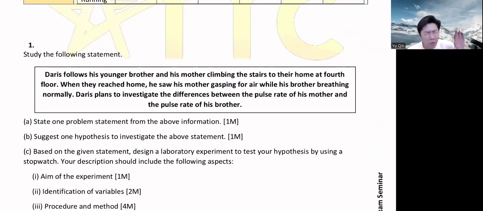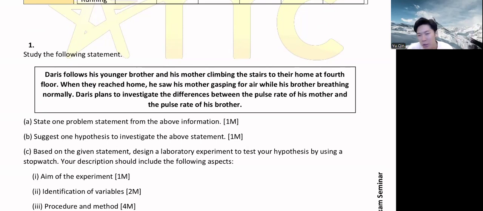So in your brain, you need to flip, is this chapter 2? No, chapter 4. No, I think it's chapter 6. No, I think it should be 7. So your brain needs to go through the whole book and understand which experiment this is. And you're never going to talk about the story. You understand? So for example, I'm not really going to test on mother and brother and ask them to run the staircase one more time.